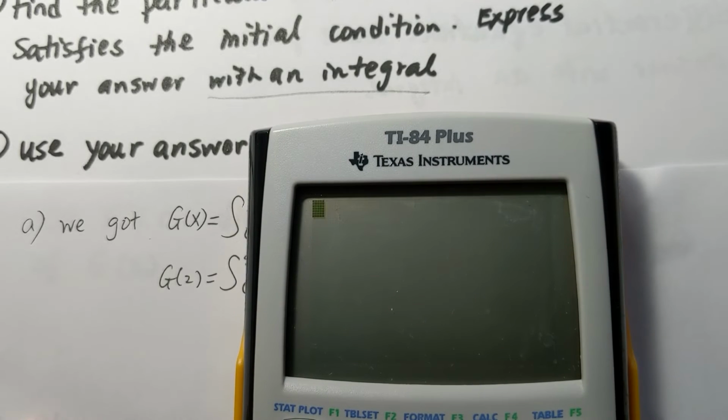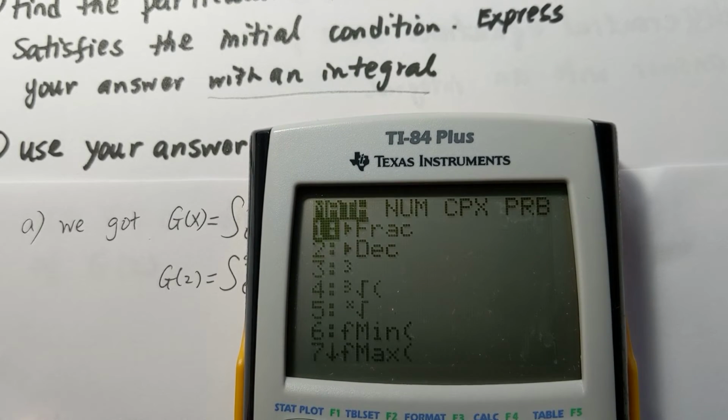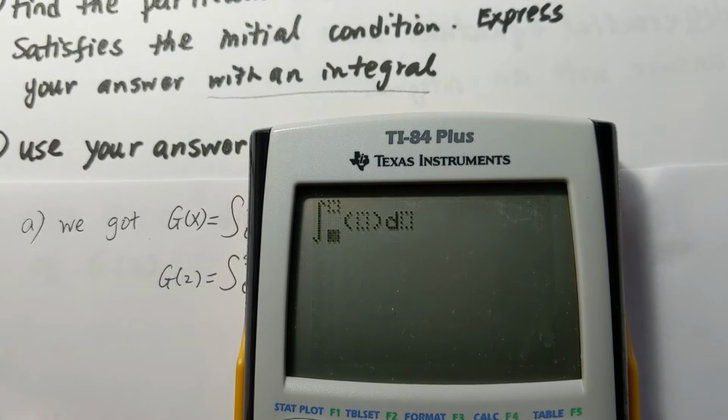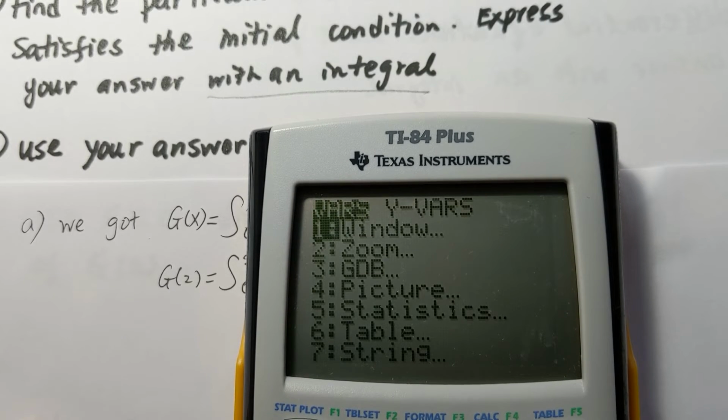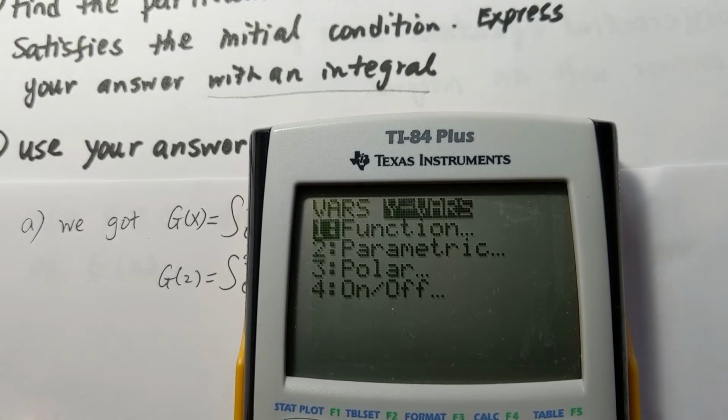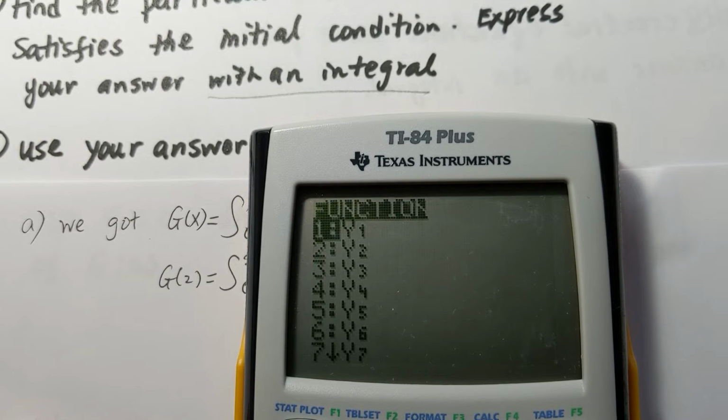So let's clear what I had before. Now you are going to press math 9, and then you enter 0 to 2. Because I stored my function square root of sine x in y1, I'm going to use y-vars, functions, 1.